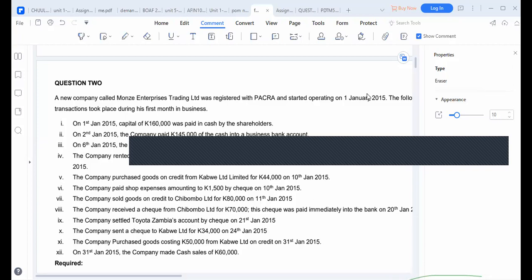Excellent. So a public limited company has its way of raising finances using the share capital. So we have 2 types of shareholders. Can you mention them?